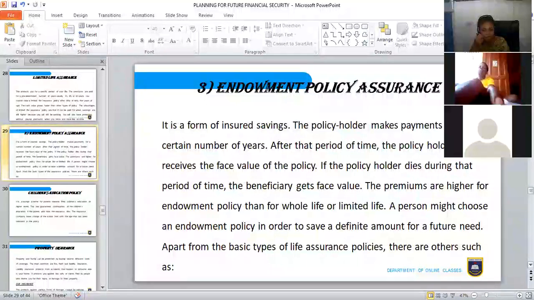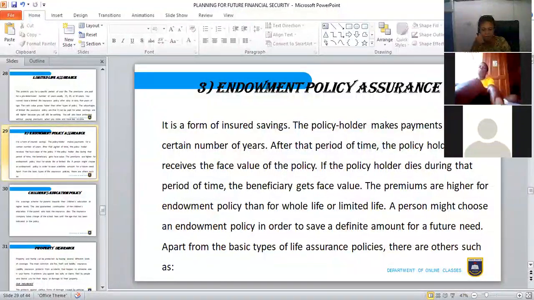And normally, with any insurance policy you take, you'll be asked to give names of beneficiaries, so that when you are no more, this or that person is eligible to claim whatever you have contributed. So you need to save a definite amount for the future.